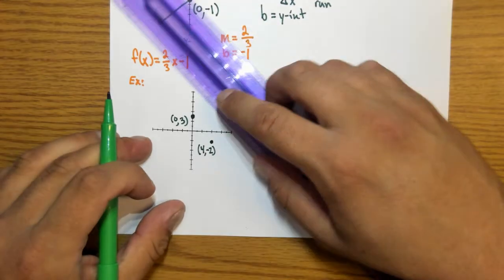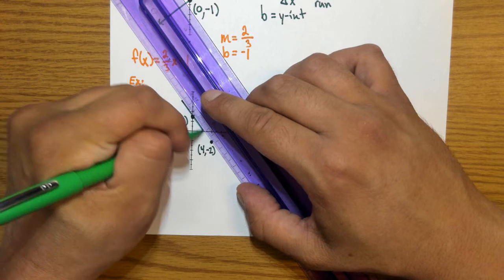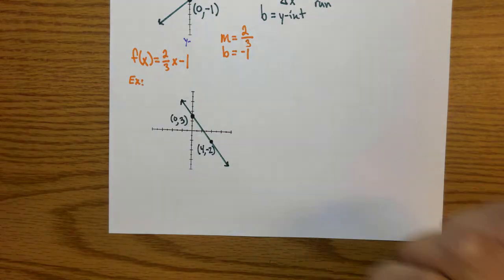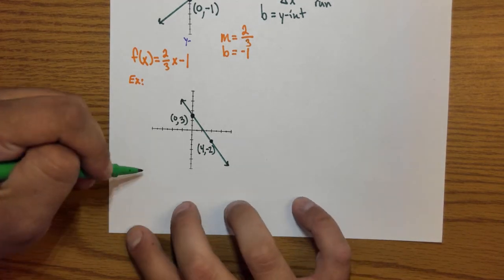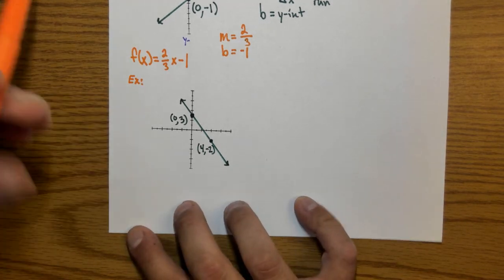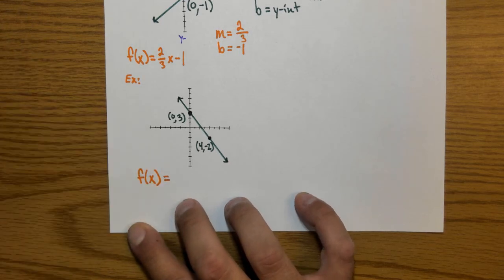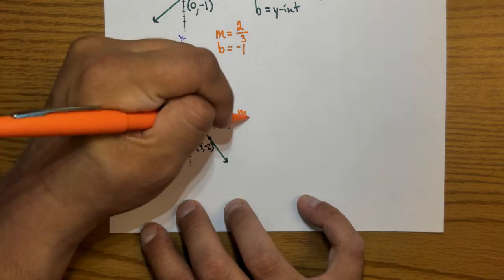I'll go ahead and connect these as nicely as I can. And there you have it. And I want to know what the equation is. I want to know what is my f of x. Well, remember, in order to find that, we need to define our m and our b.